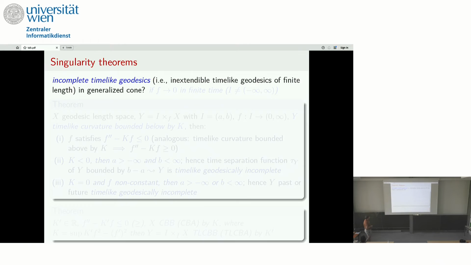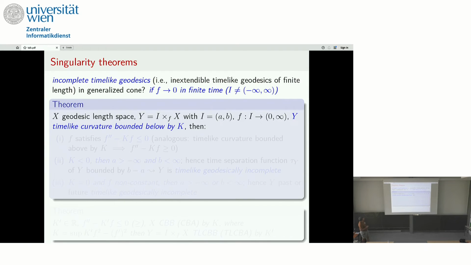Then in this setting, we were able to show a first synthetic singularity theorem. So here, a singularity again is like an incomplete causal geodesic. And that would mean that f, the warping function, has to go to 0 in finite time.